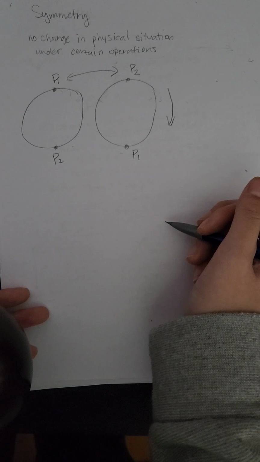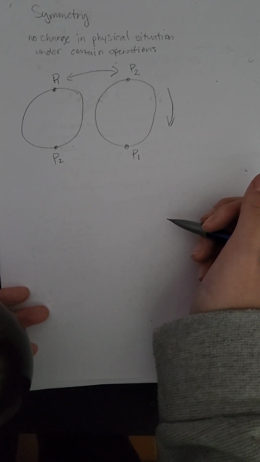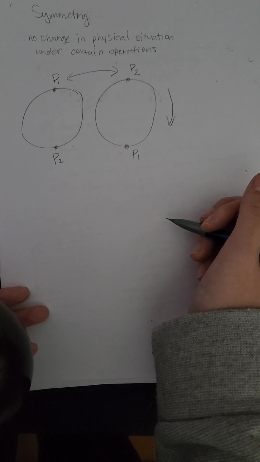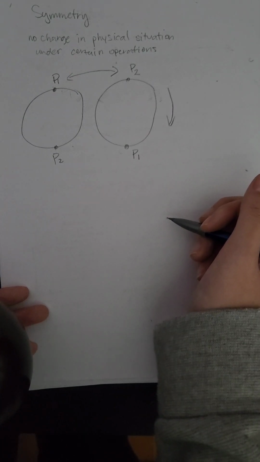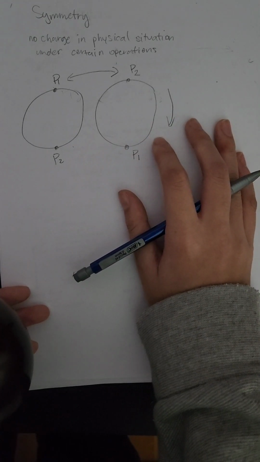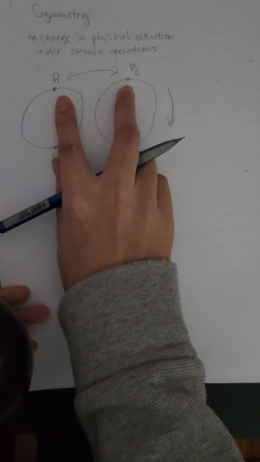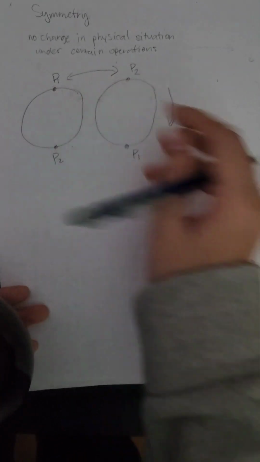Yes, right? All I did was just rotate it. So its physical situation, whether it be like with electric fields or some other physical situation, it would be the same. P1 and P2 would just be the same.